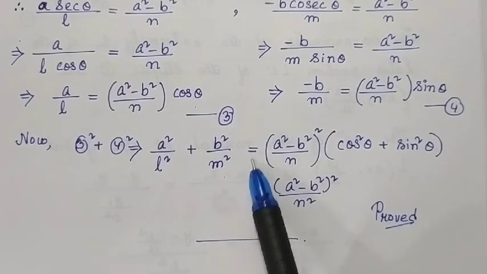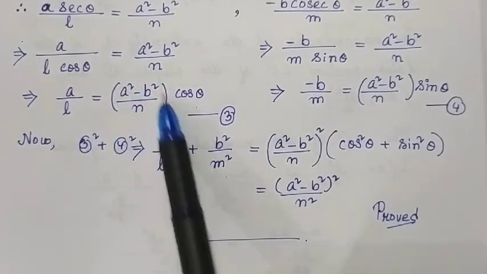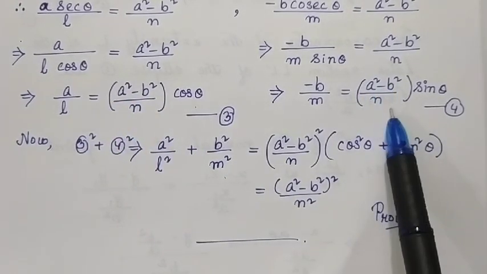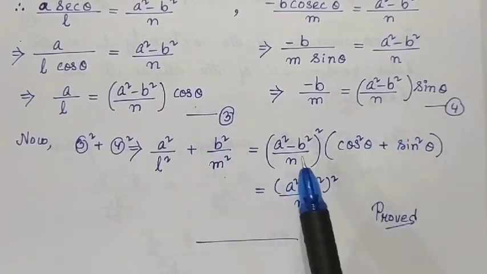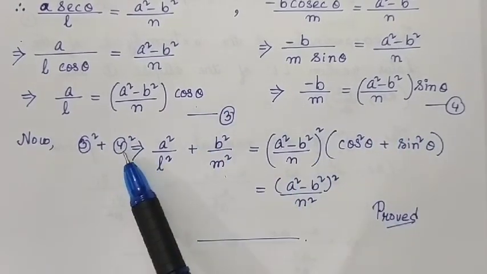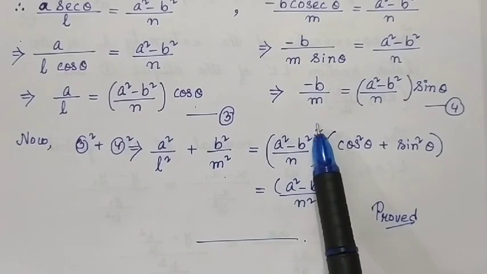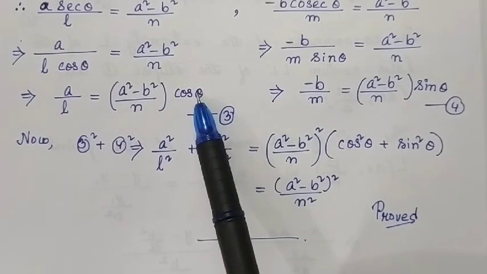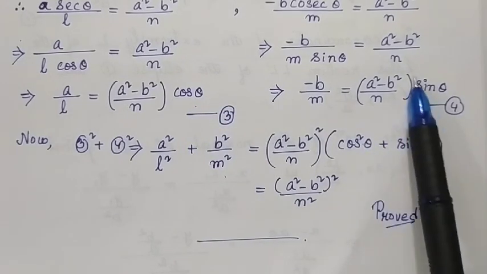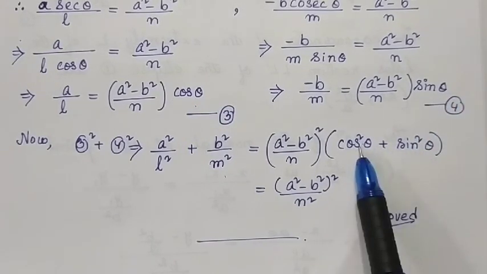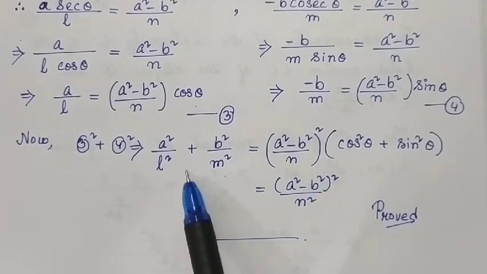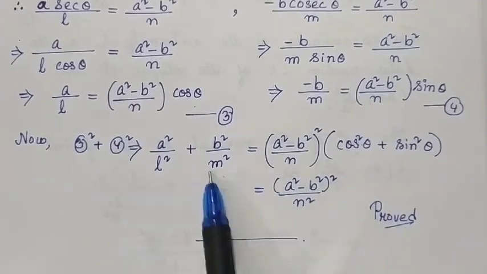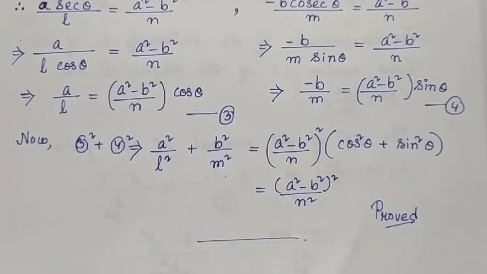On the right side, this bracket portion is the same in both, so we can take it common, and don't forget we are squaring, so we have to give this square. Our remaining term will be cos square theta plus sine square theta, and we all know this is equal to 1. So this was the required condition which we had to find.